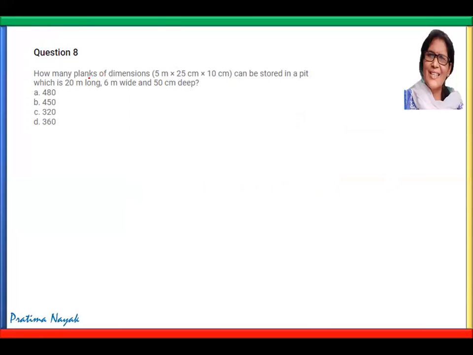Question number 8. How many planks of dimension 5 meter, 25 centimeter, 10 centimeter can be stored in 20 meter, 6 meter wide and 50 centimeter deep? Options are 480, 450, 320, 360. So same question. Volume of the pit by volume of the plank.